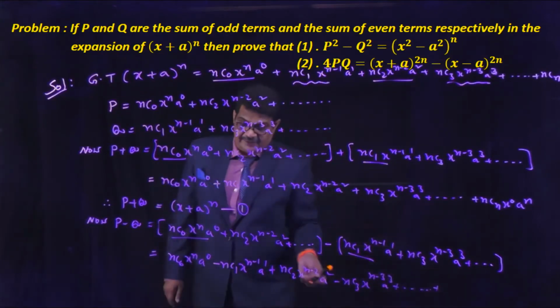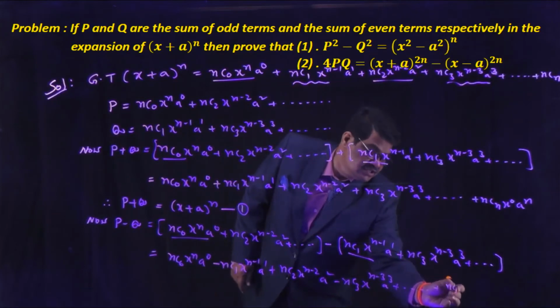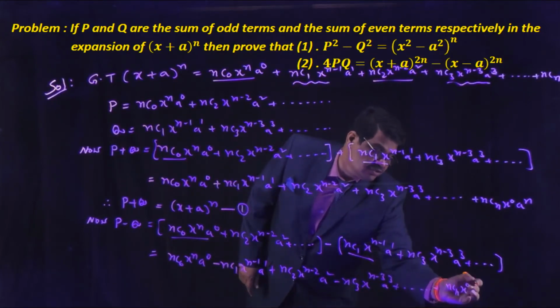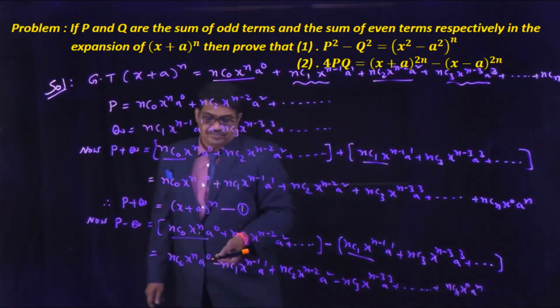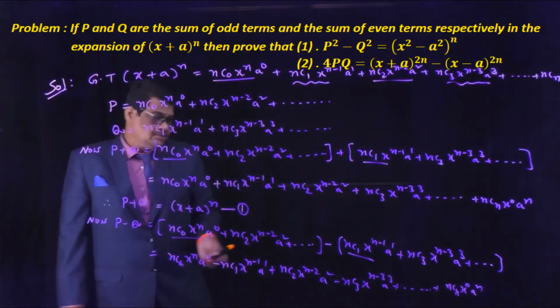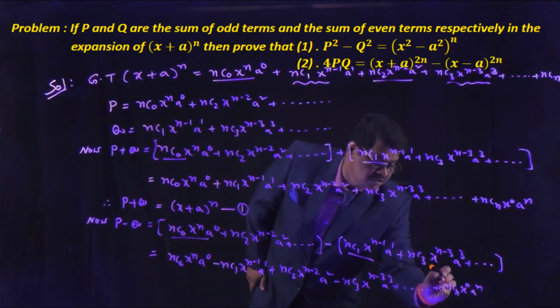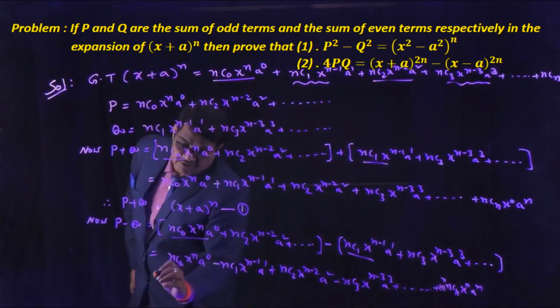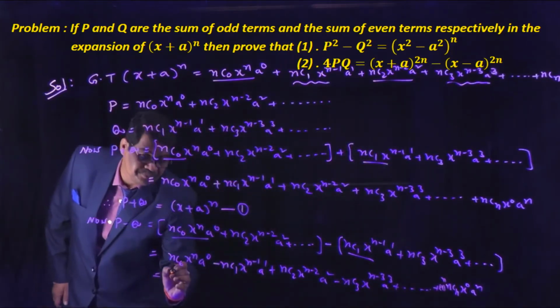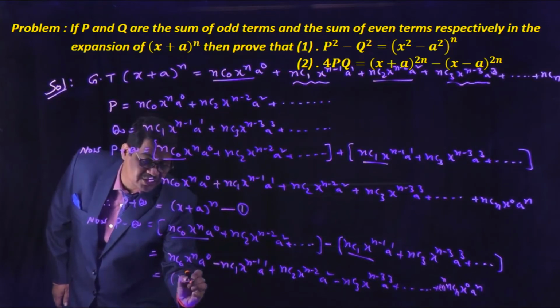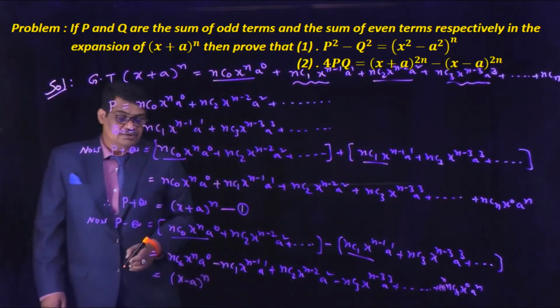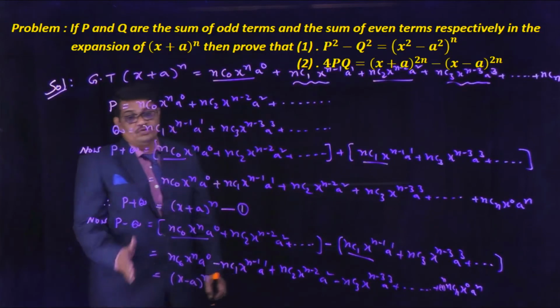Now we are getting nCn x^0 a^n, that is the term. So we are getting here (-1)^n, which is nothing but (x - a) to the power of n.